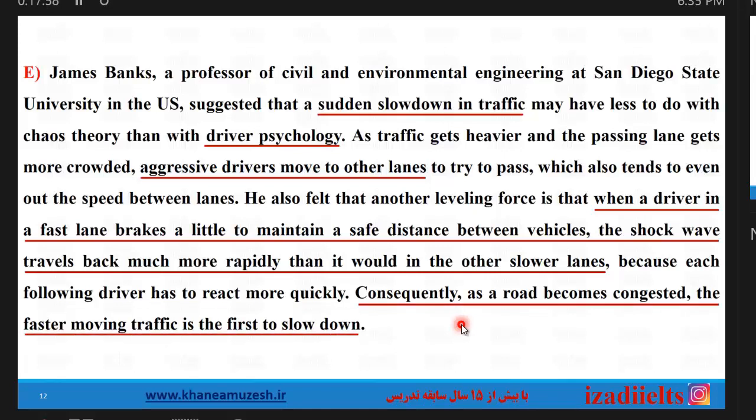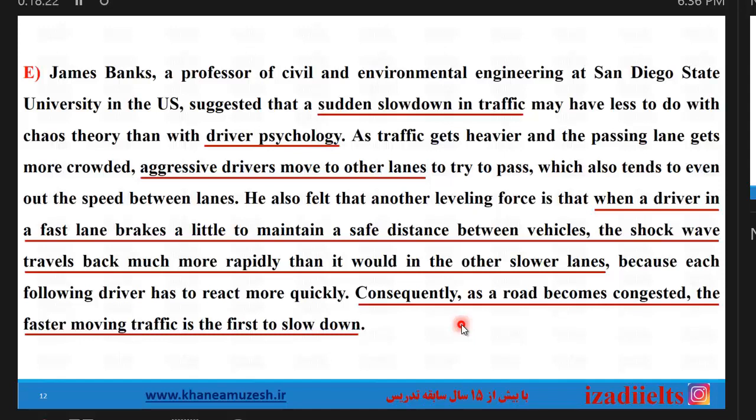So which one is the best match? The impact of the driver behavior. Do you agree? Underline the keywords in the heading. Impact of driver behavior. And how can you find the similar words in the paragraph? Very good, excellent.